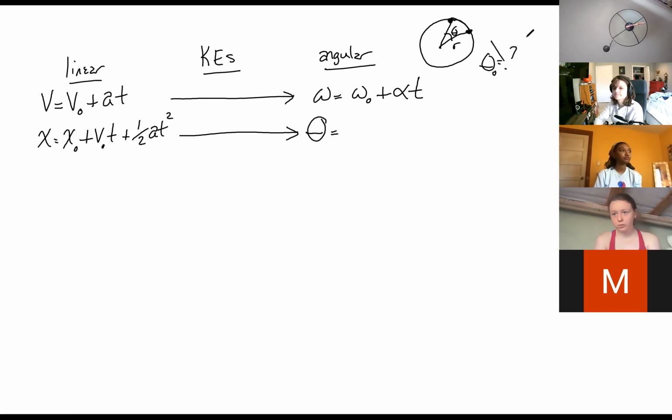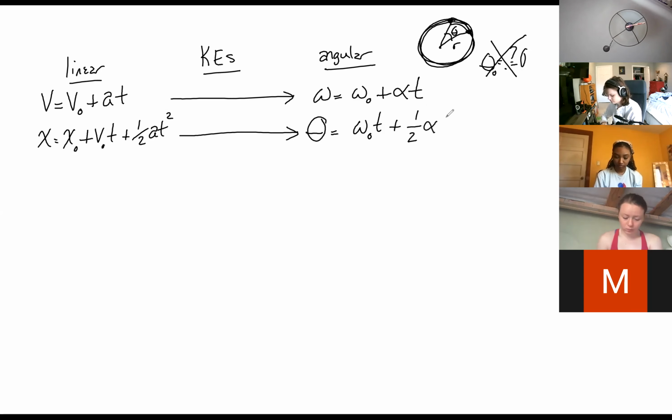It really is definitionless, okay? There isn't a theta naught because you just move around and around this circle. So we're always going to set that equal to 0. So there won't be a value there for that. So we move to the next term, which is v naught t becoming omega naught t, our initial angular velocity times how much time? Plus 1/2 alpha t squared.